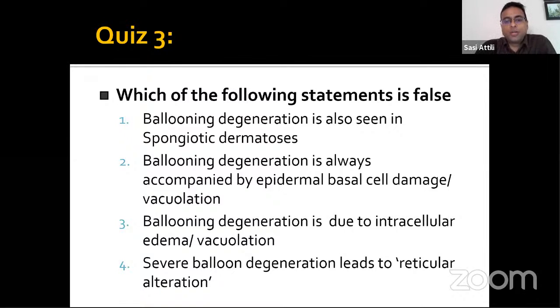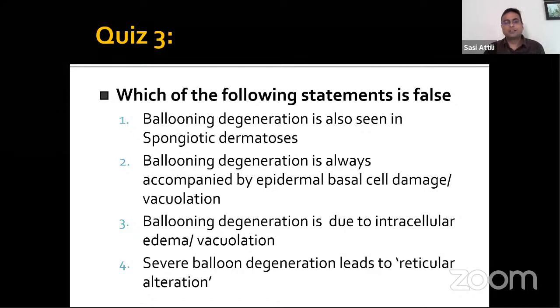Ballooning degeneration is due to intracellular edema vacuolation. If it is false, type 3. There's only one false answer, by the way. Severe ballooning degeneration leads to reticular alteration. You need to know what reticular alteration is for this.